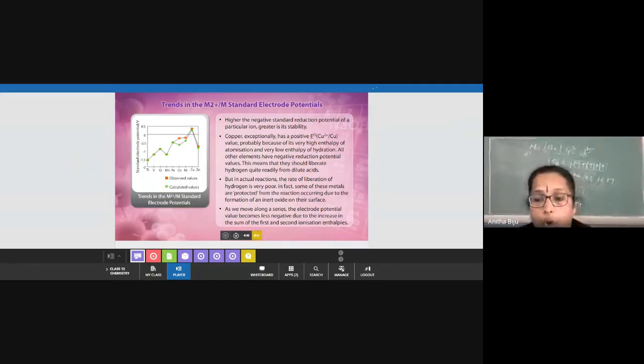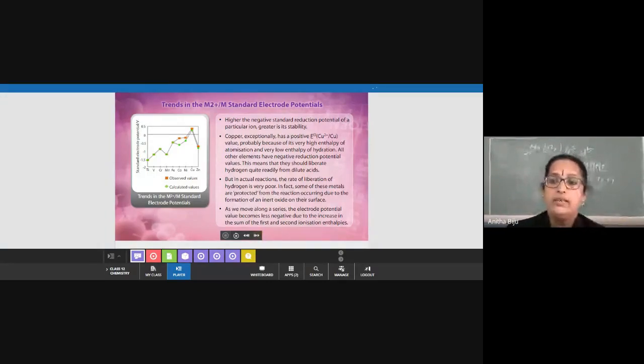But copper is capable of reacting with an oxidizing acid. Can you give one example of an acid which also functions as an oxidizing agent? Anyone? It is an acid also. Which acid functions as an oxidizing agent also?